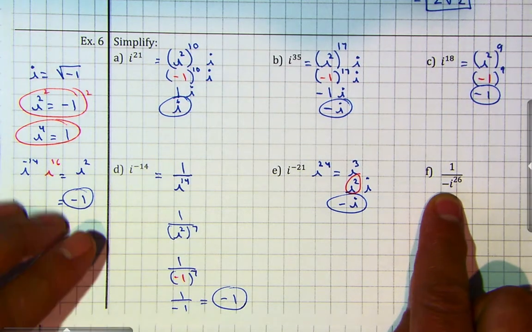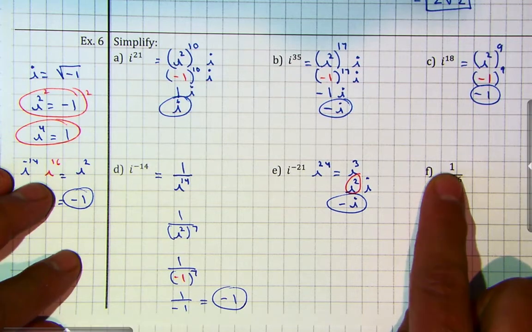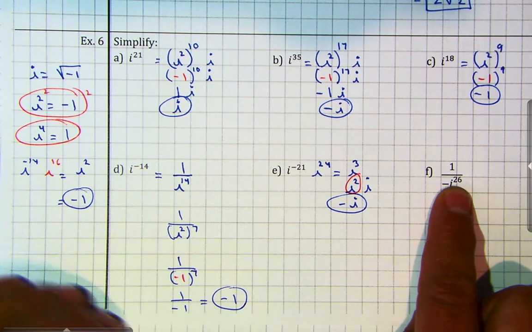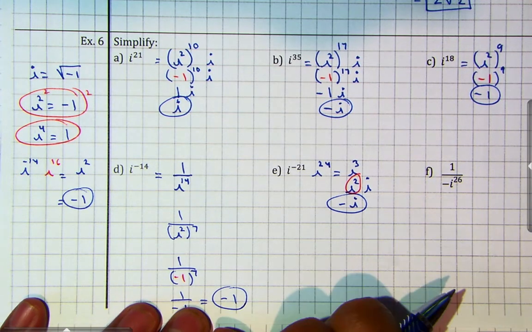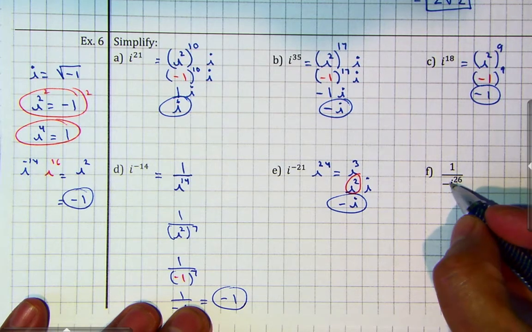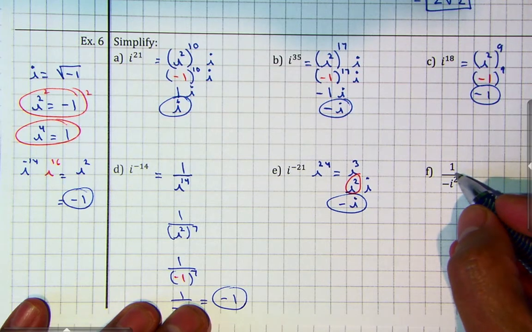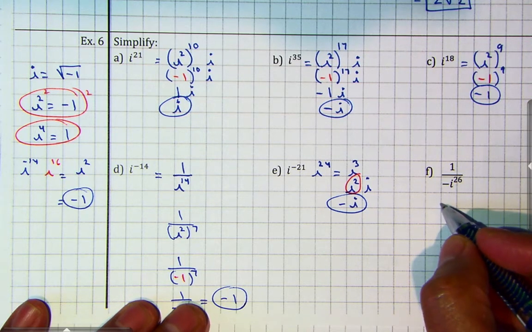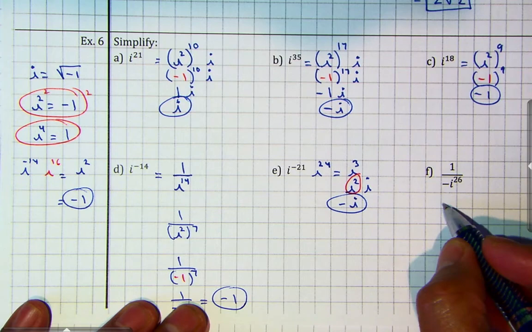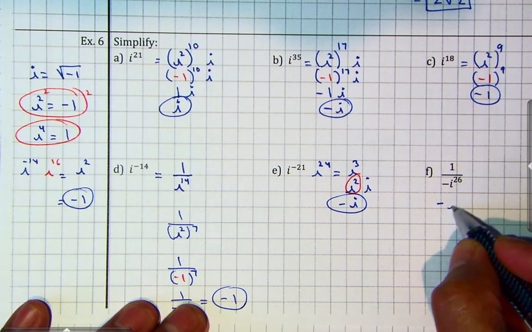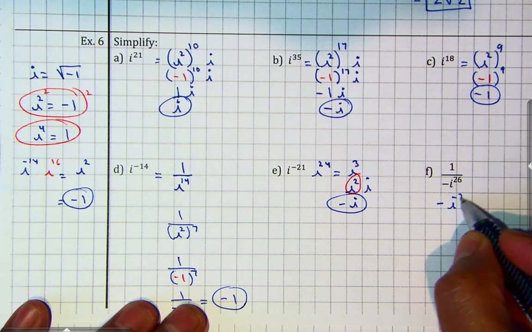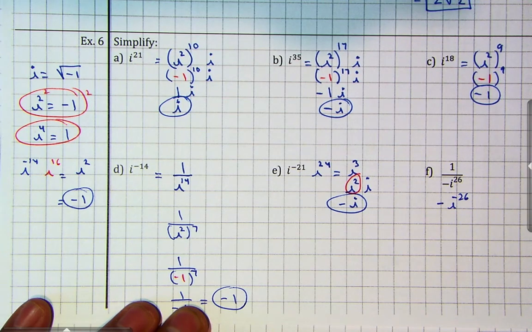Negative i to the 26. Oh, excuse me. 1 over negative i to the 26th power. So therefore, I am going to bring it to the numerator. So my negatives will stay there. No, remember, positive divided by negative is going to be negative. This will be i to the negative 26th power. Those two expressions are equal.